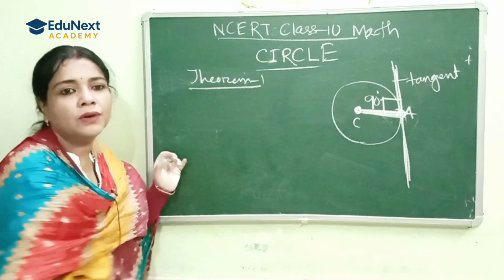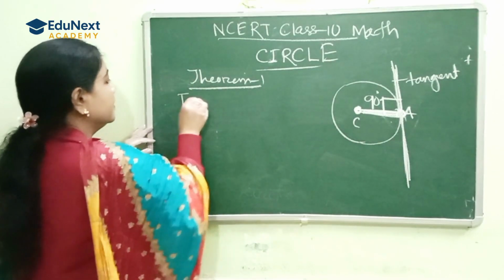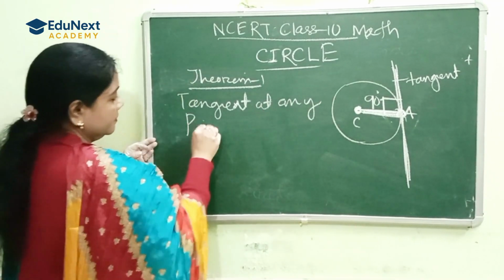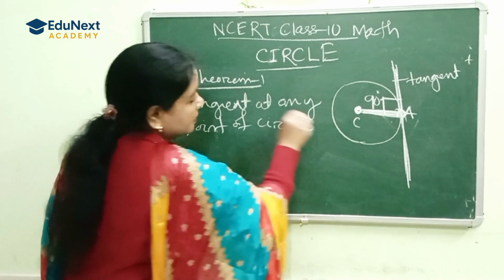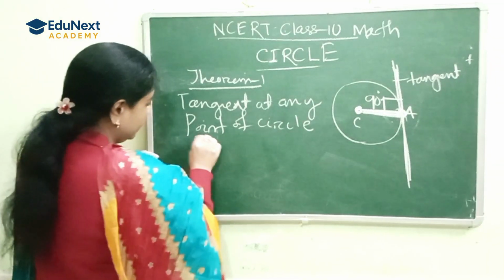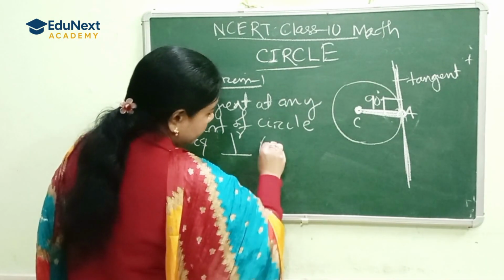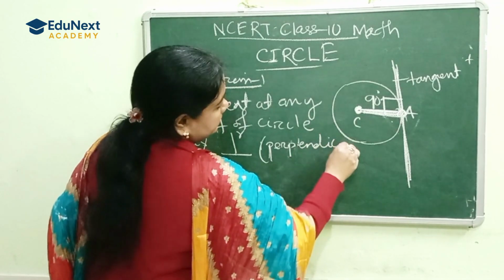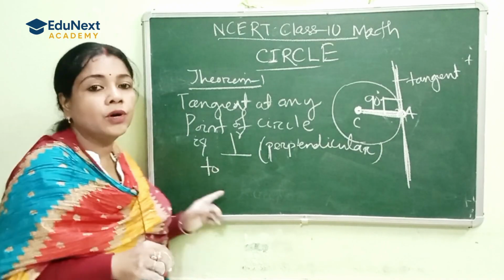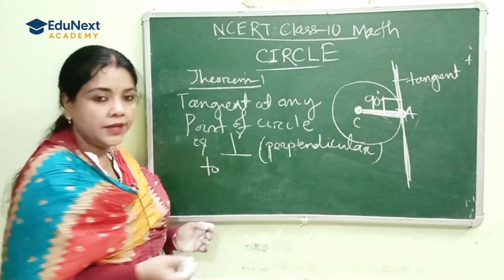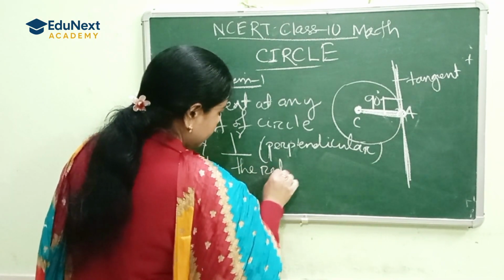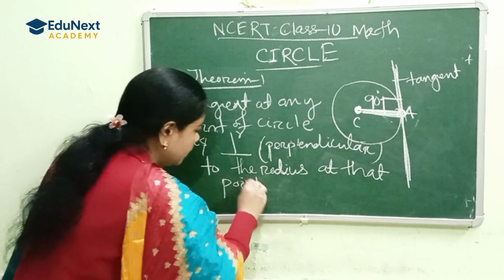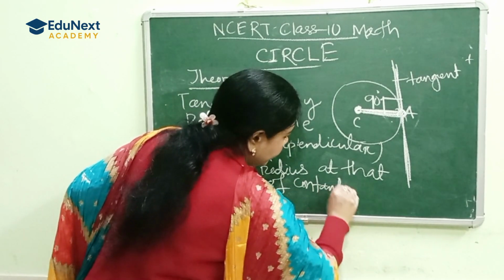Now theorem 1 says the tangent at any point of a circle is perpendicular to the radius, meaning 90 degrees, at that point of contact.